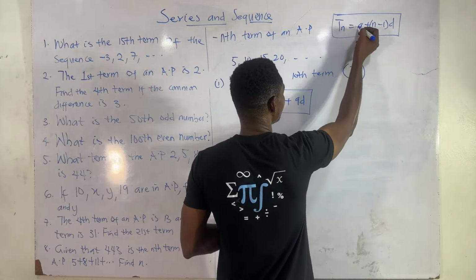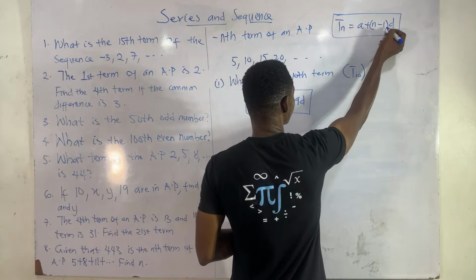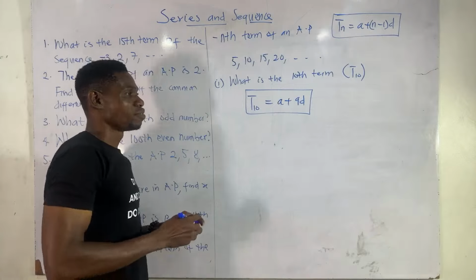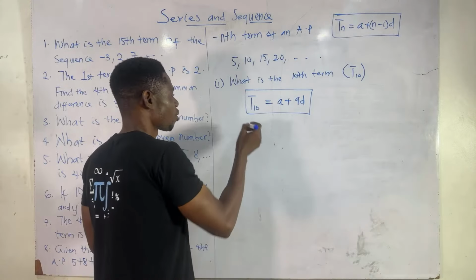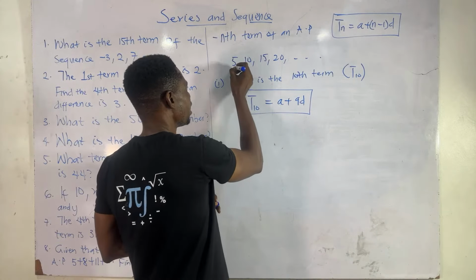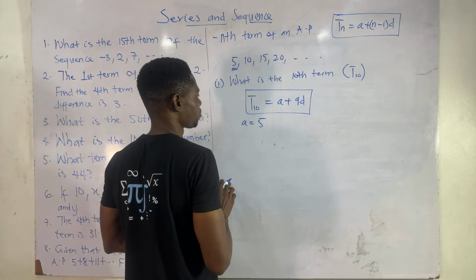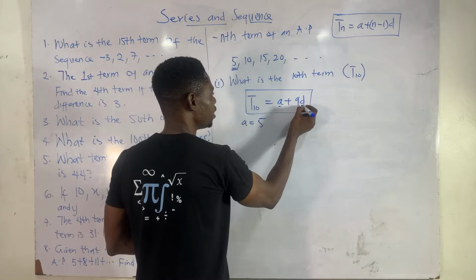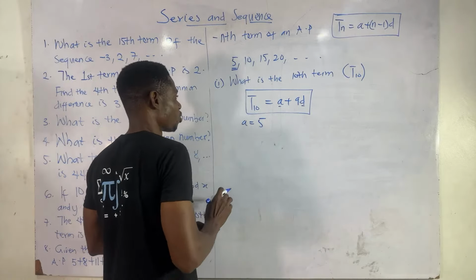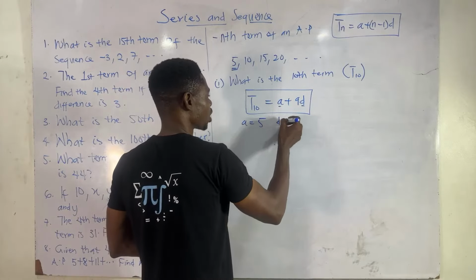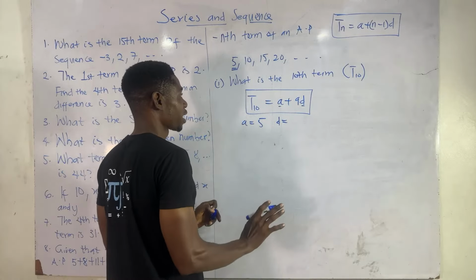So T10 will be A plus 10 minus 1, which is 9D. Okay, so I believe this is clear. Now, what is our A? We're given A, the first term, which is 5. So we only need A and D now to get our answer. Now D was not given to us directly, but we can get it easily.